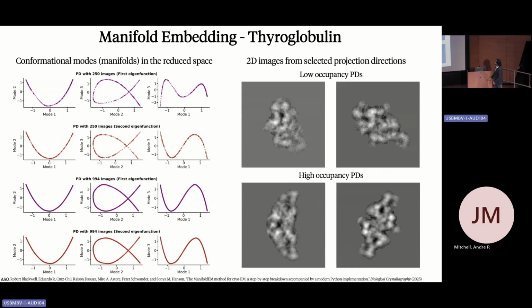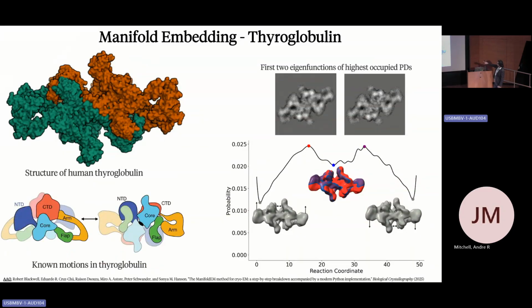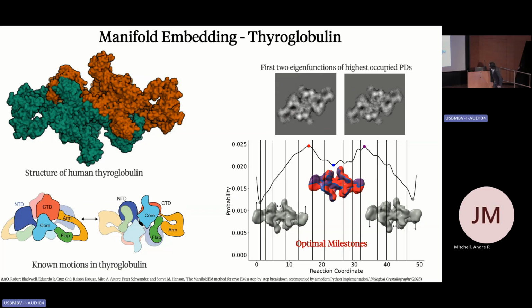What I'm showing you are these perfectly nice manifolds from the cryo-EM images from the first few eigenfunctions. And interestingly, this is the free energy profile of the motions. With these free energy profiles, you can get these optimal milestonings, and you can refine these free energy profiles as well, and also get the kinetics of bigger complexes as well.